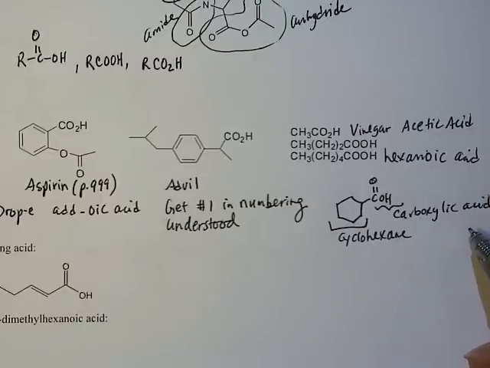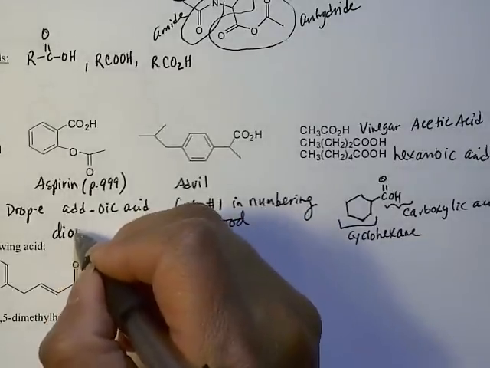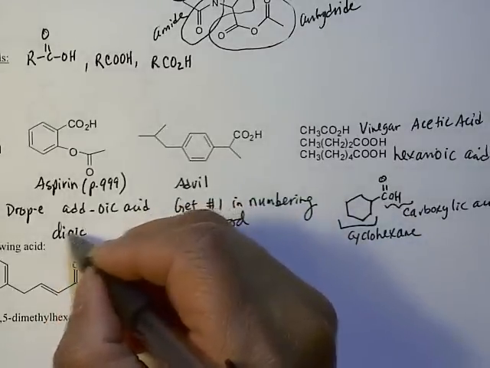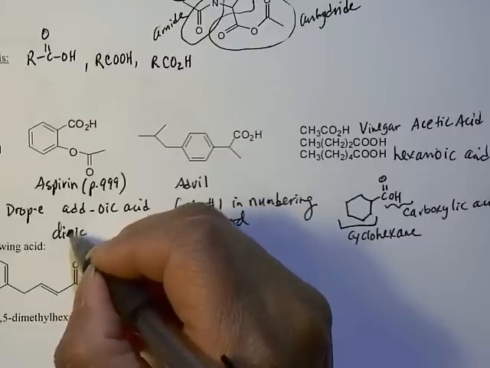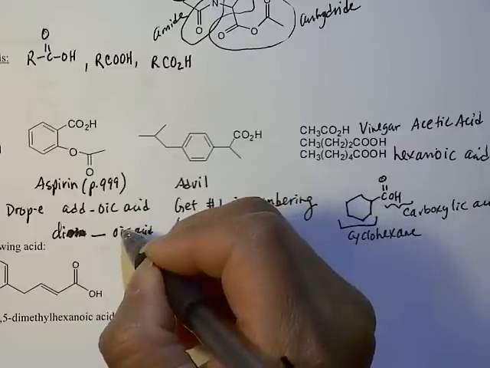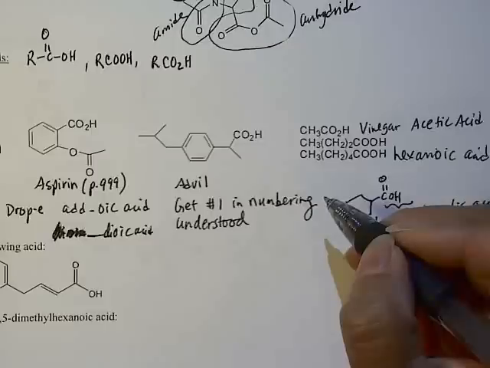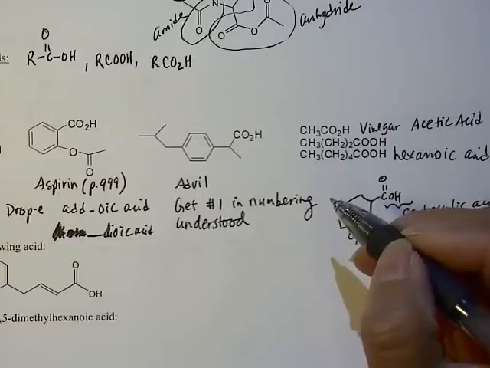If you have more than one acid, like 2 acids or 3 acids, then you use di or tri in front of the oic acid. Actually, no, sorry about that. It's dioic acid. Pentanedioic acid would refer to a total of 5 carbons, and then you have 2 carboxylic acids at the ends. Okay, and then your book has a lot of common names that they want you to memorize. I don't want you to worry about that.